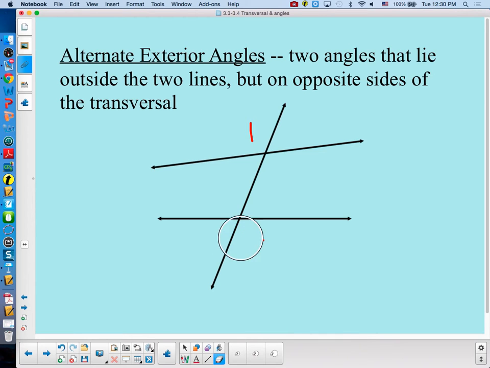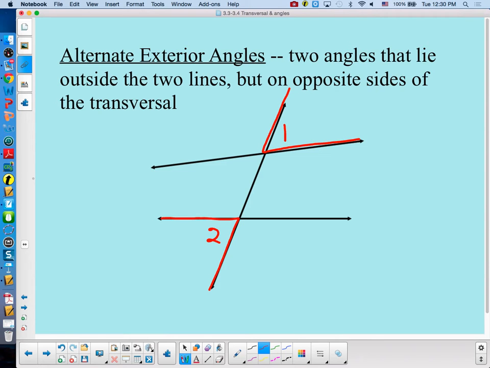And another pairing would be here. So notice those, if you trace those angles, they're not hooked together even. So it's two separate angles, two separate V's, I guess.